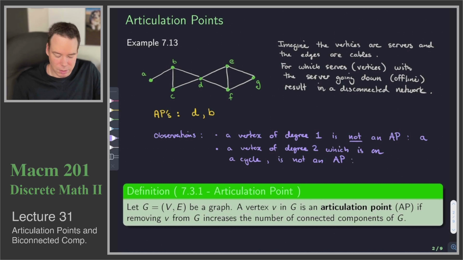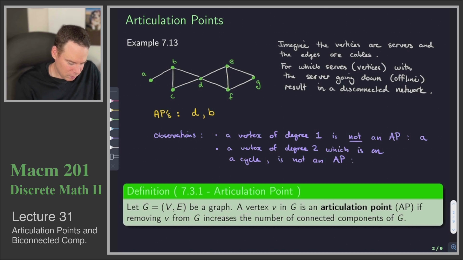You just go around the cycle the opposite way. So for example, G is a degree 2 vertex. But if I remove it, there's no problem because it lived on a cycle. So the vertex that was on one side of G and the vertex that was on the other side of G, they're still connected to each other.